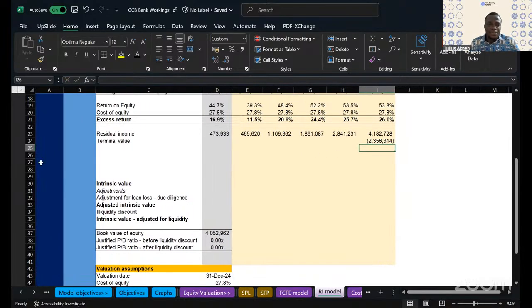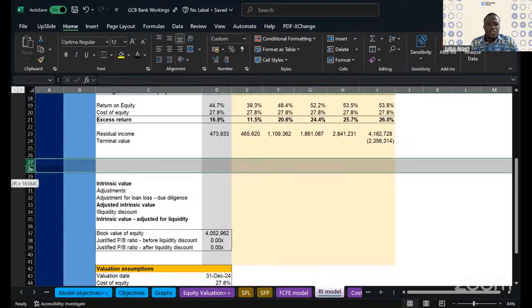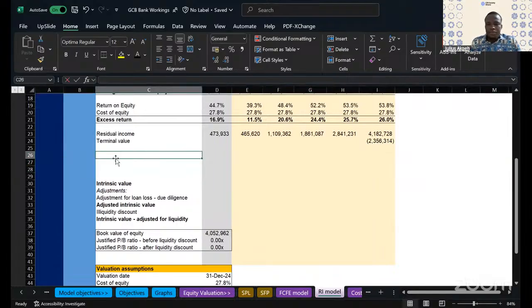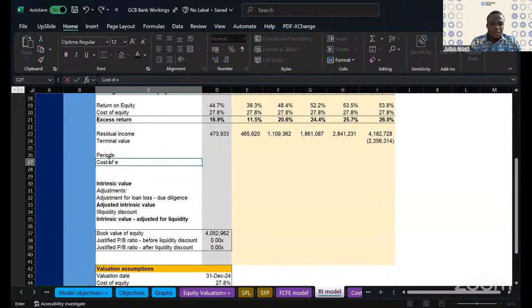Now, that being said, what's the next thing to do? We need to calculate our discount factors. So we have periods, then we have the cost of equity already. At the top, we can bring it down again, cost of equity. And then we have the discount factors.